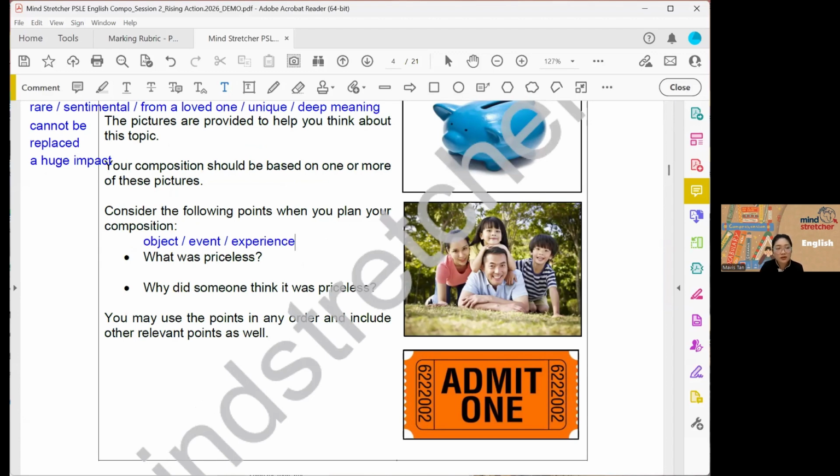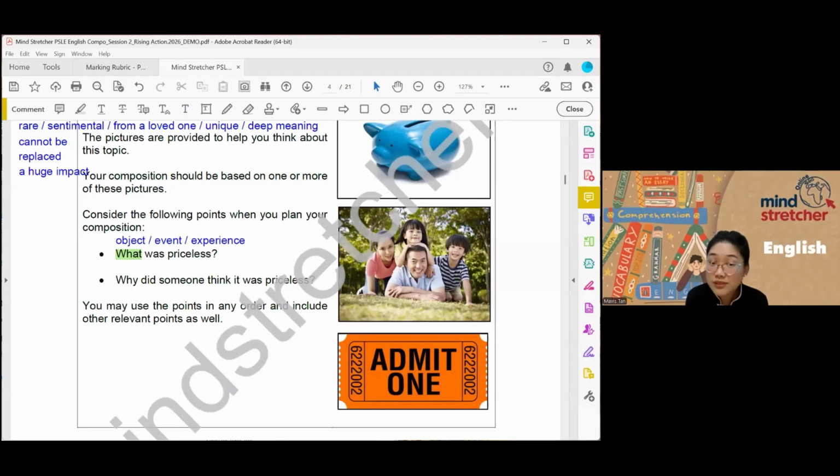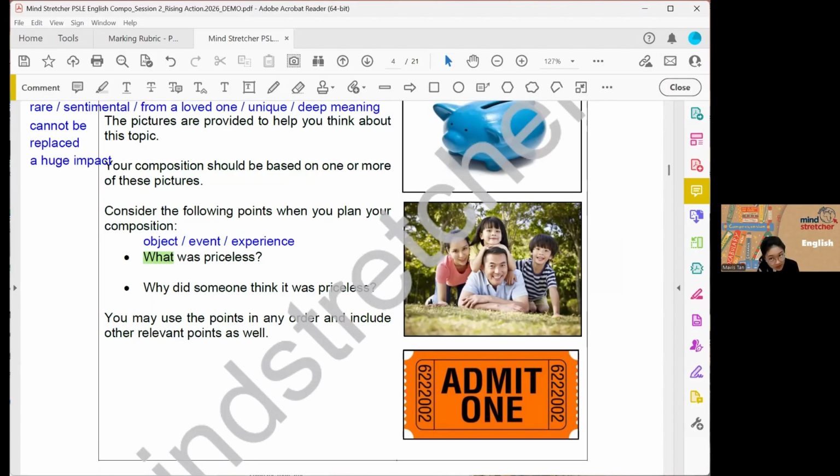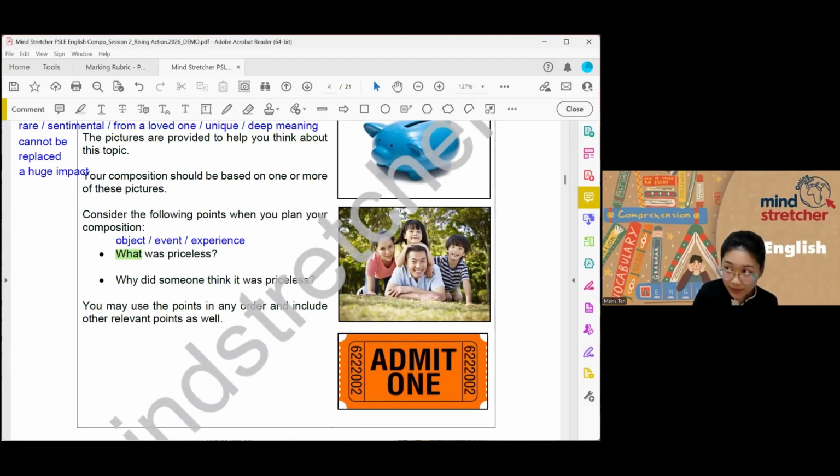So this thing that is priceless doesn't have to be something you can hold in your hand. If you say it was a priceless memory, the memory is of an experience or of receiving a particular gift from someone.